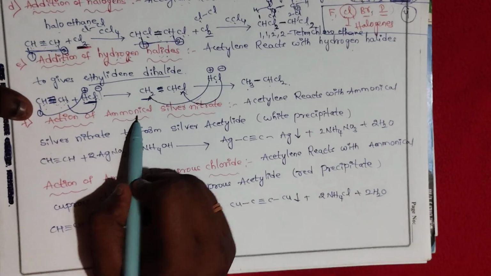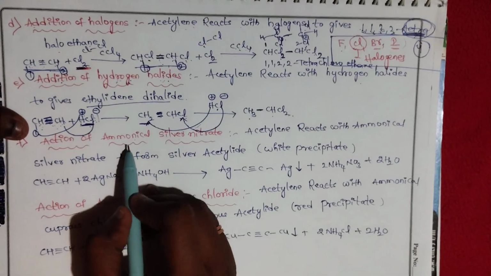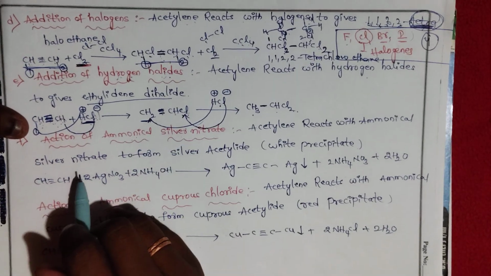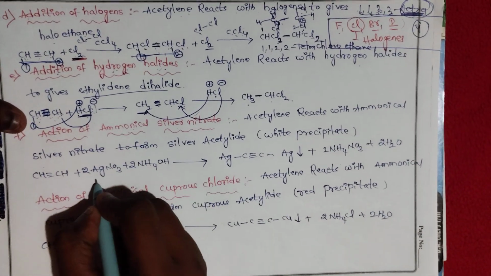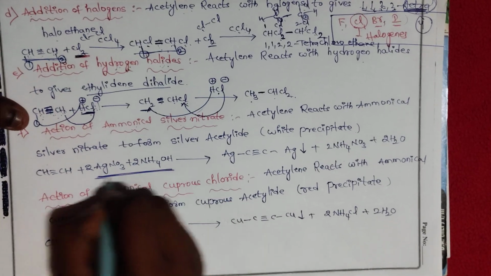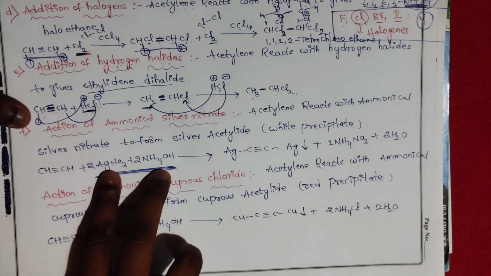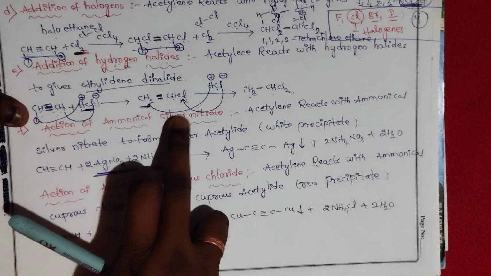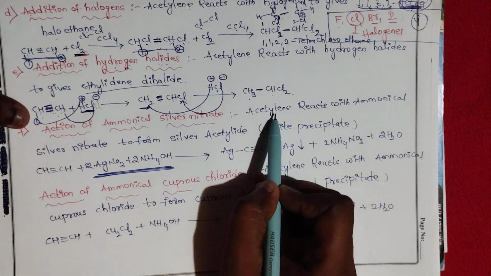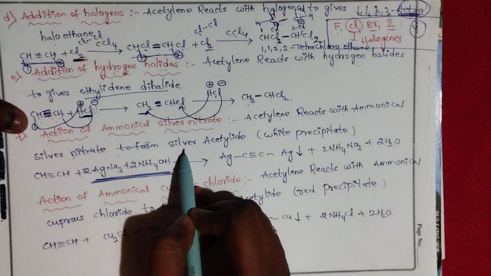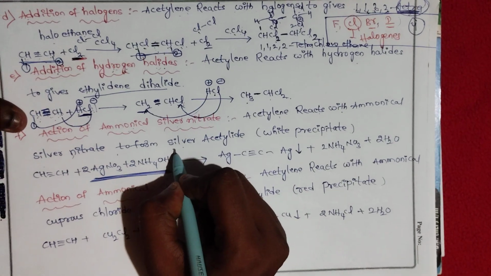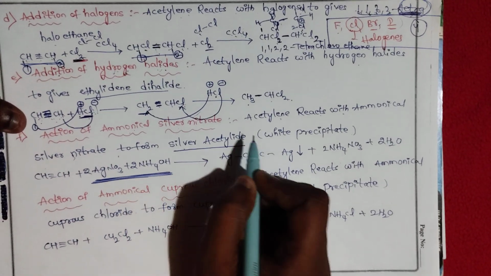And what is the next reaction? Action of ammoniacal silver nitrate. What is the formula of ammoniacal silver nitrate? We take the combination for this, and this is called ammoniacal silver nitrate. The same phenomenon: acetylene reacts with ammoniacal silver nitrate. Which product do we get?